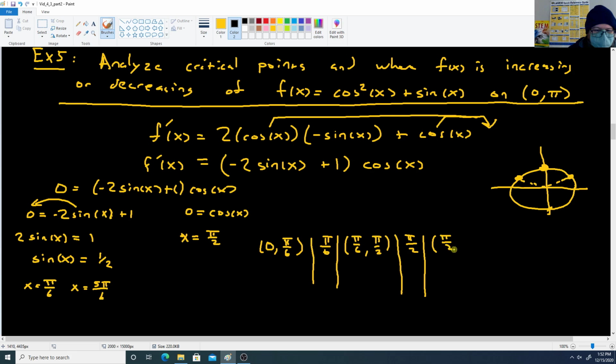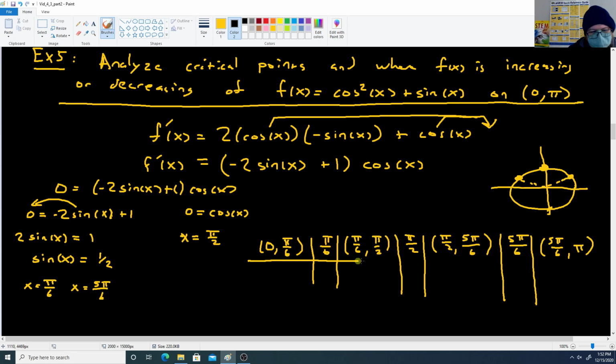Pi over 2 up to 5 pi over 6. 5 pi over 6. And then 5 pi over 6 up to pi. So these are the x's. We're going to build our table of values, and we're going to look at the first derivative. So this is 0, this is 0, this is 0.